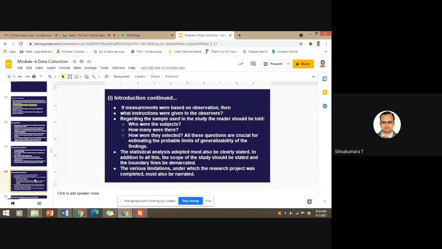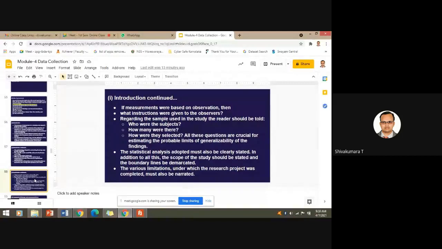If you are able to clearly tell about all these things under the introduction part, the new reader who is reading your report will understand that this researcher has done some good work and had clarity about his research.